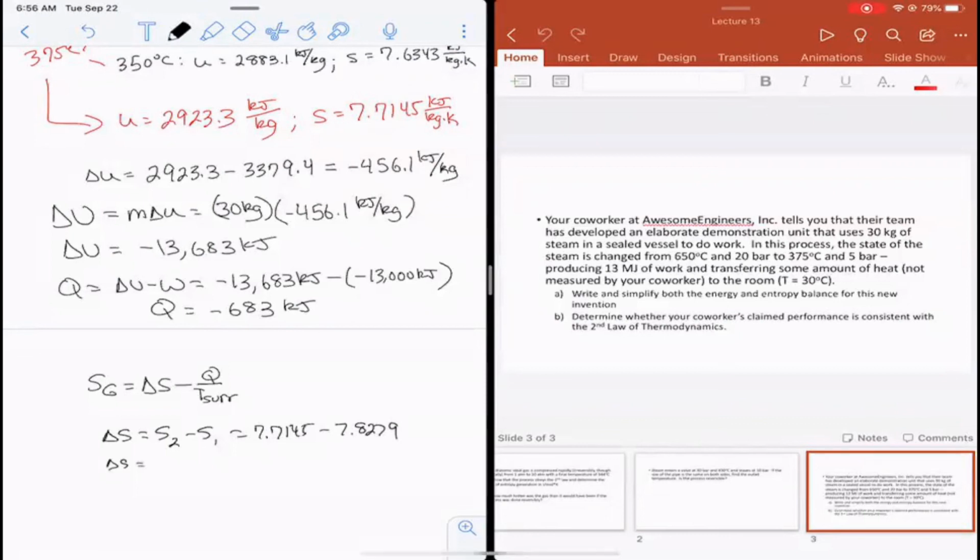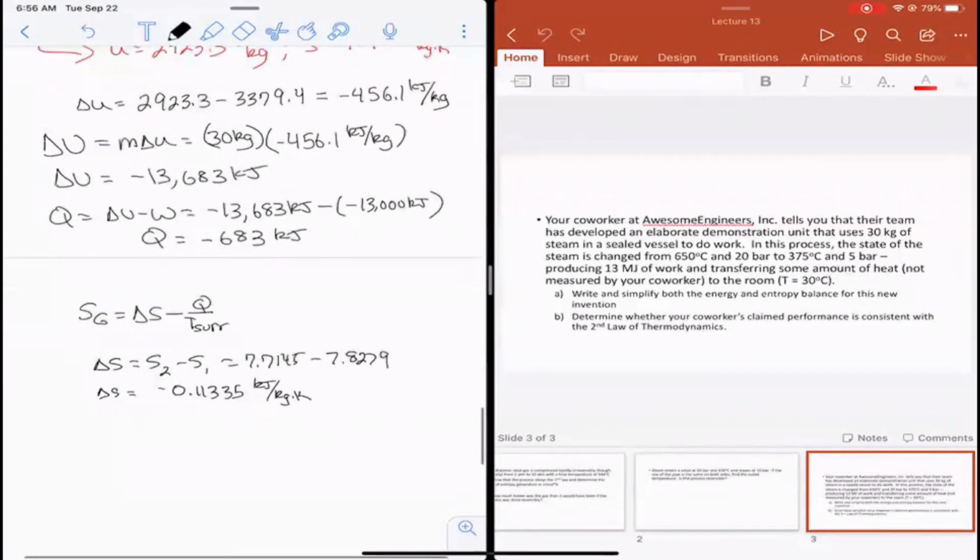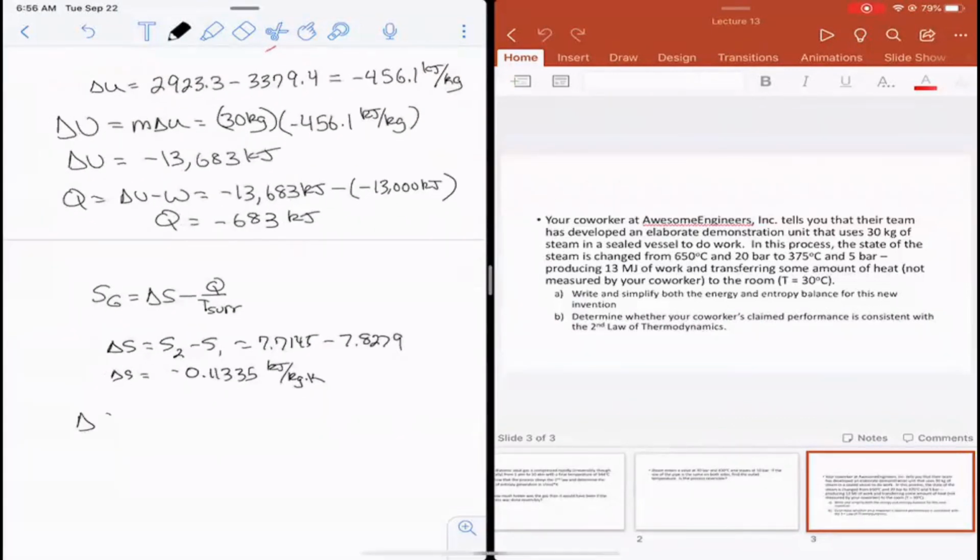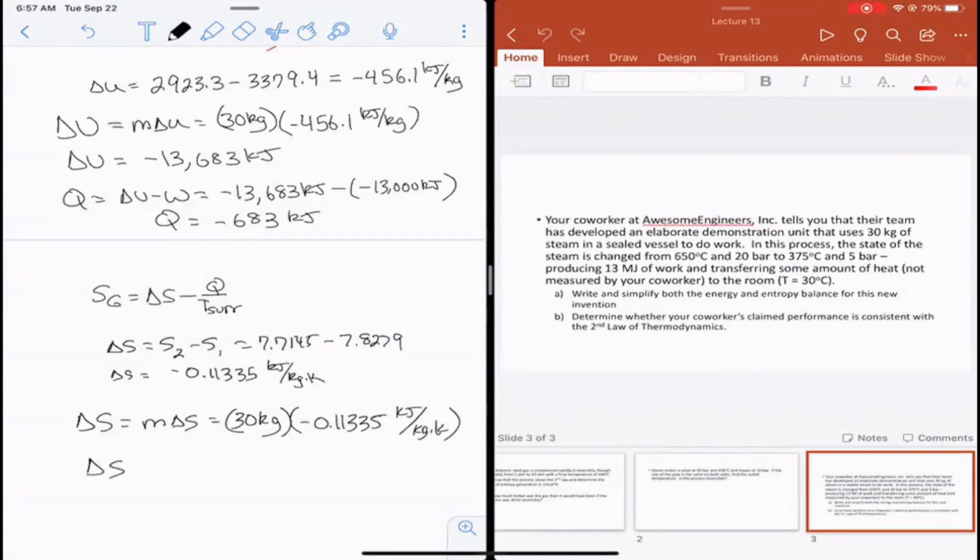And so delta s then equals minus 0.11335 kilojoules per kilogram Kelvin. And so we can calculate delta S as m times the specific. So again, that's 30 kilograms times minus 0.11335 kilojoules per kilogram Kelvin. And so if we do this, we find that delta S is equal to minus 3.40 kilojoules per Kelvin.